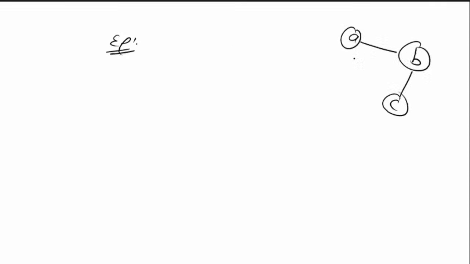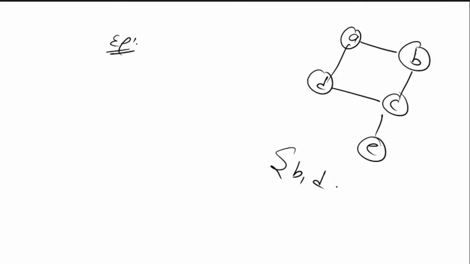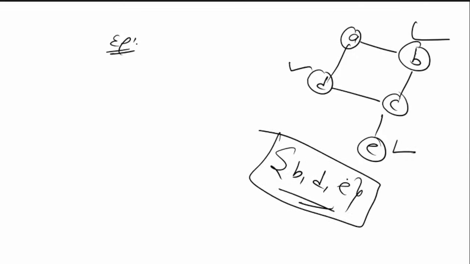Now they can make some creative questions. Let's take this example: a, b, c, d, e. Here you can see B, D, E is also an independent set. This is the maximum independent set, so the independence number will be 3.